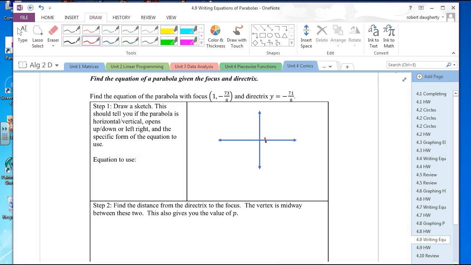Negative 73/8. So somewhere down here is the focus at 1, negative 73/8, and then the directrix is at negative 71/8.